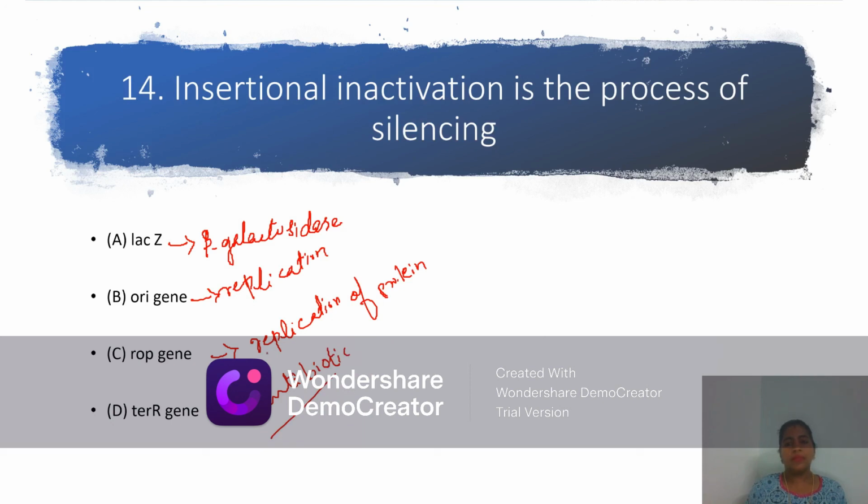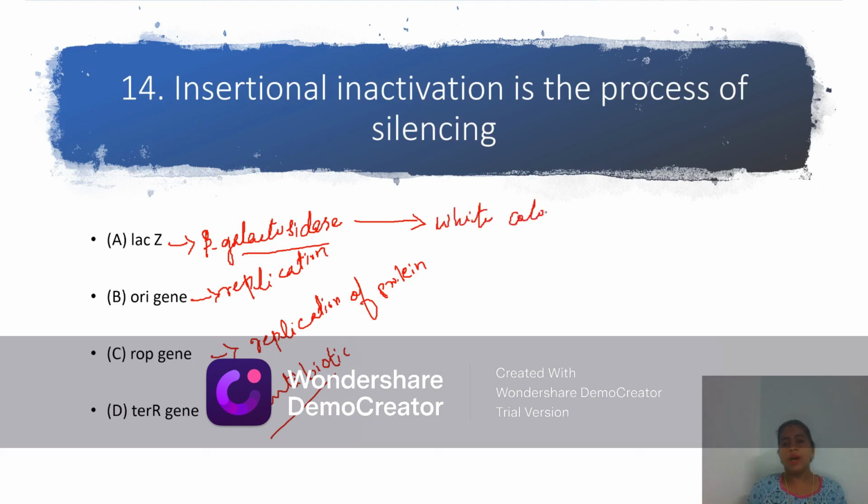So here, if you are inserting and silencing which gene will you get a transformant colony? It is a checking point, used as a selectable marker. You already know beta-galactosidase is secreted by lac-Z. If you insert into this lac-Z, it gets silenced, the production of beta-galactosidase is interfered with, and you will get white-colored colonies.